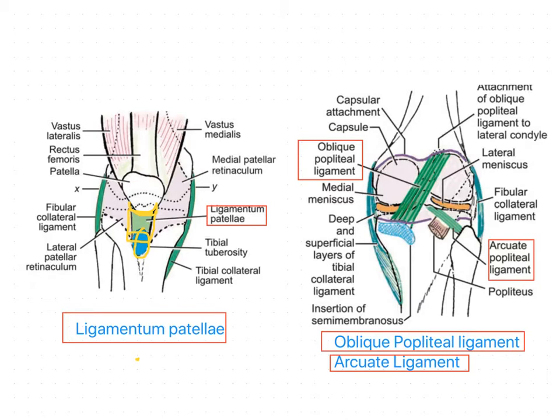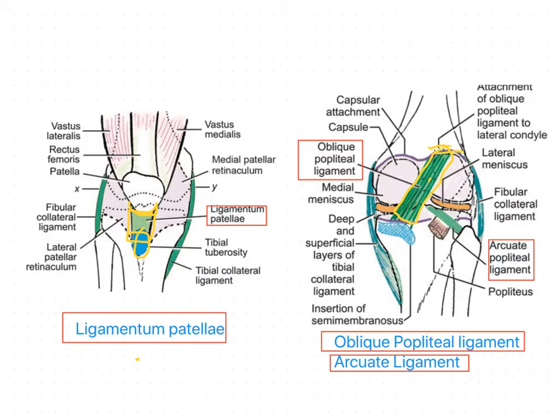Now we will see another ligament, the oblique popliteal ligament, or oblique posterior ligament. This ligament forms the floor of the middle third of the popliteal fossa.